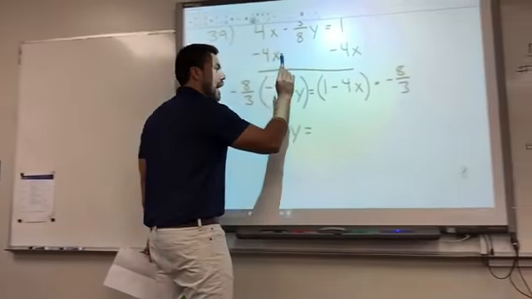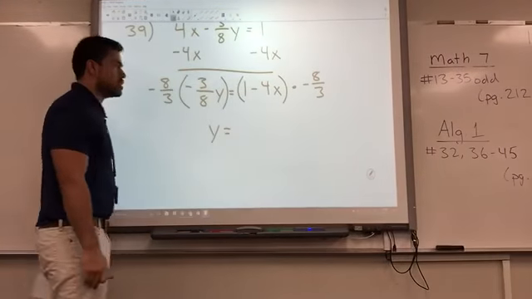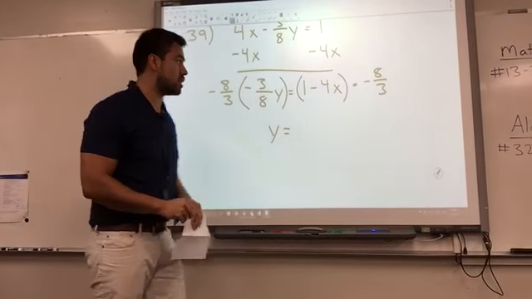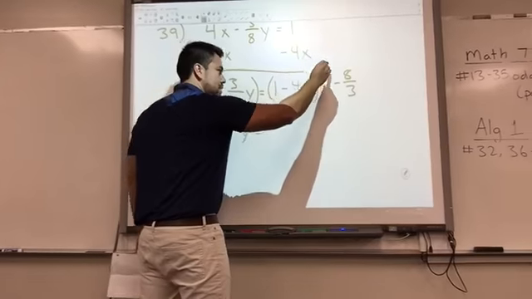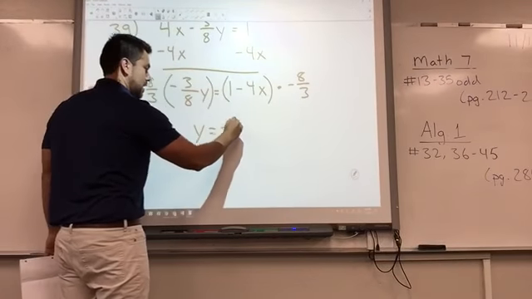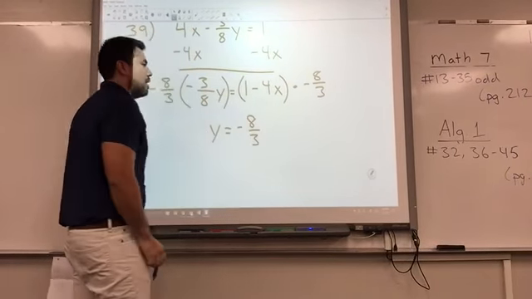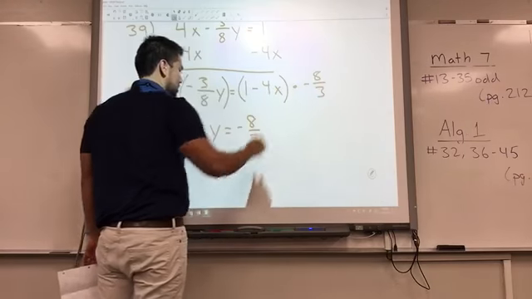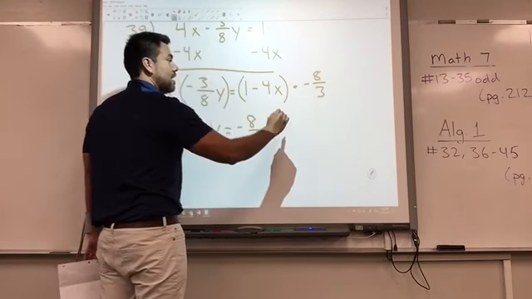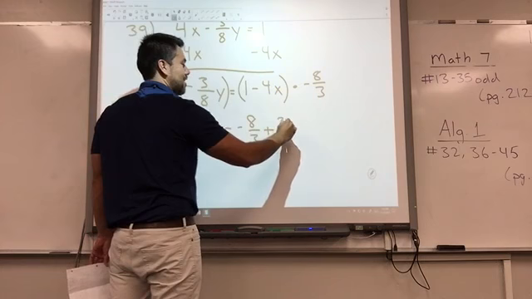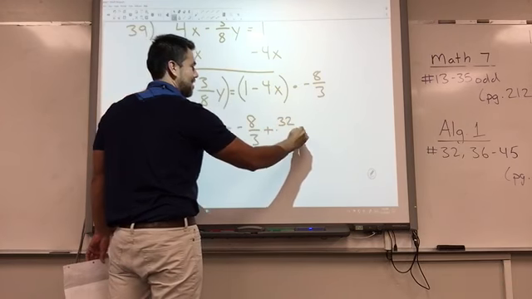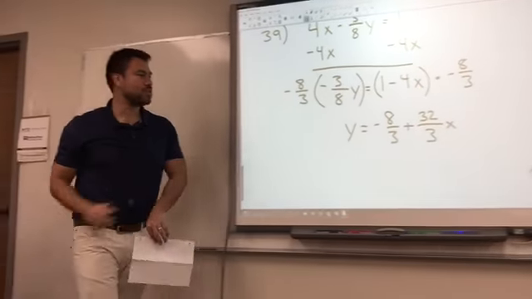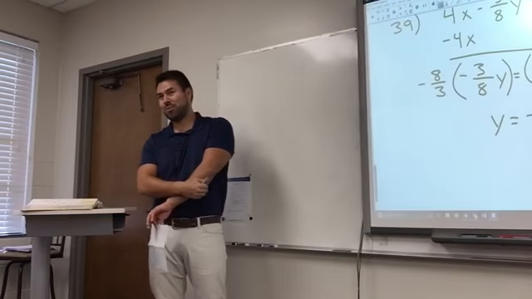I have to multiply everything by negative 8/3. What property is being used right here? Distributive. So what's 1 times negative 8/3? Negative 8/3. What's negative 4x times negative 8/3? Positive 32/3 x.